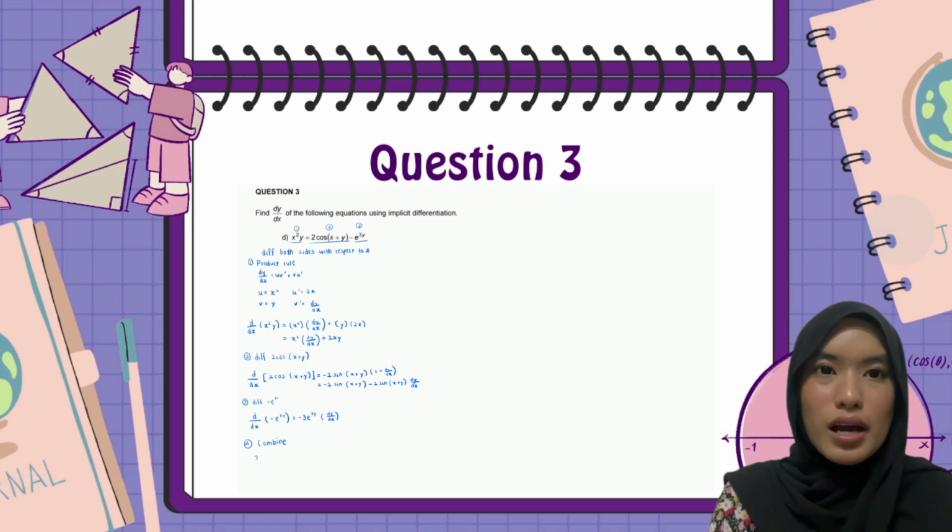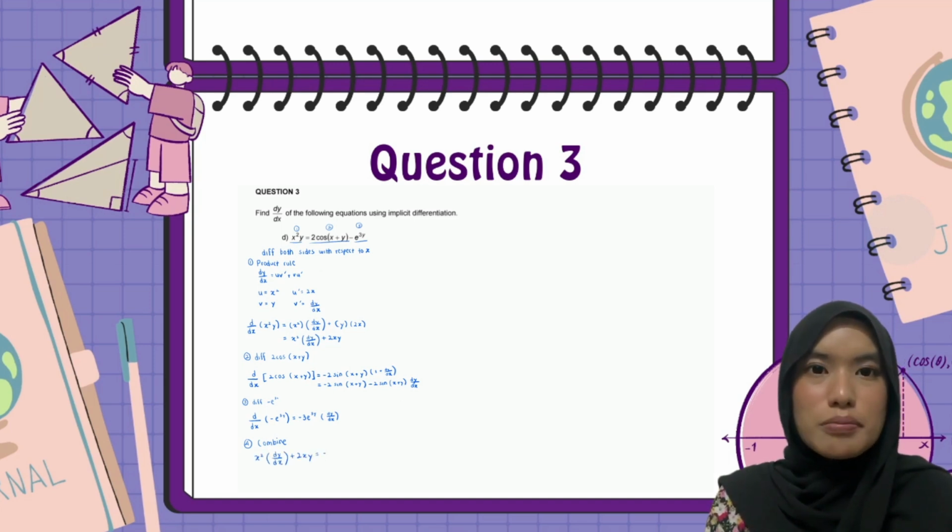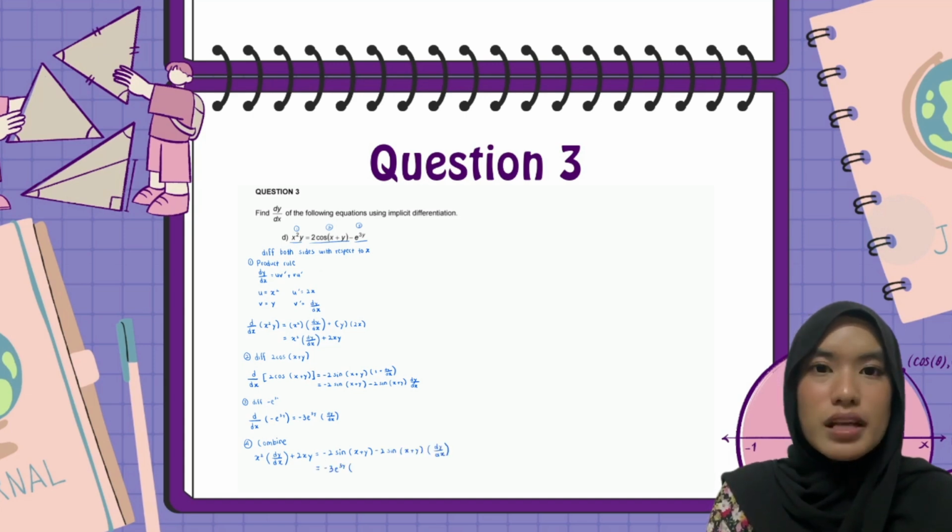Next step, combine both sides. x squared dy over dx plus 2xy equals negative 2 sin (x plus y) minus 2 sin (x plus y) dy over dx minus 3e to the power 3y dy over dx. Step 3.